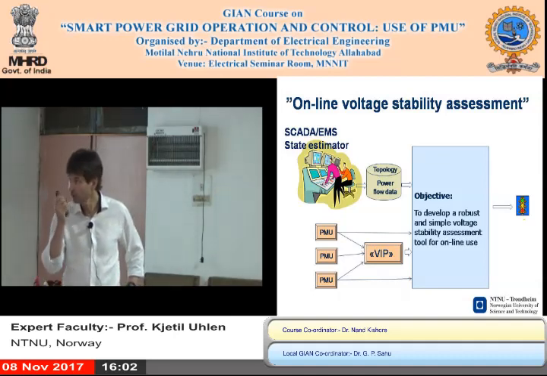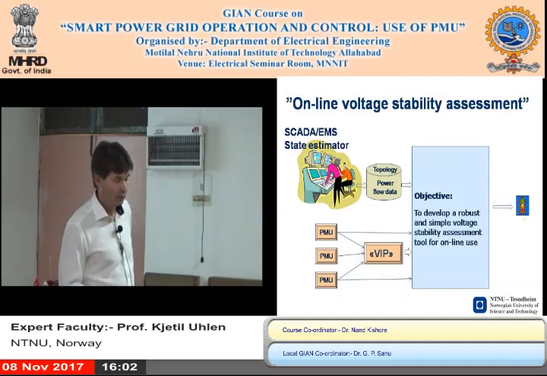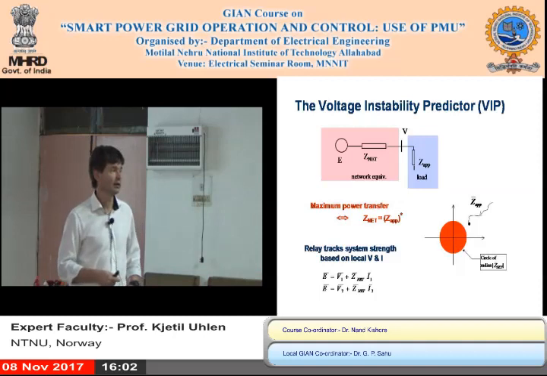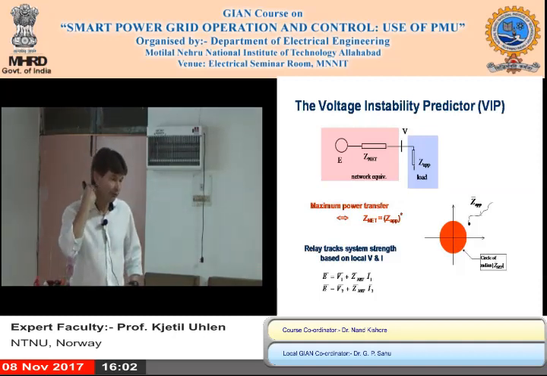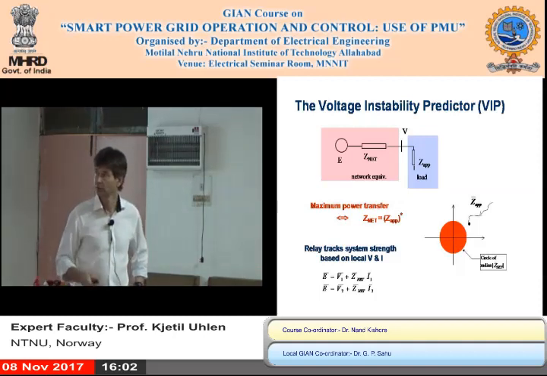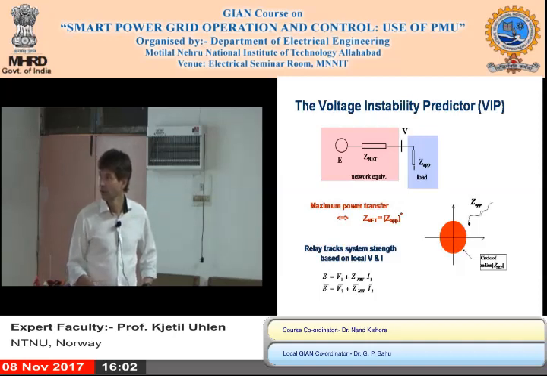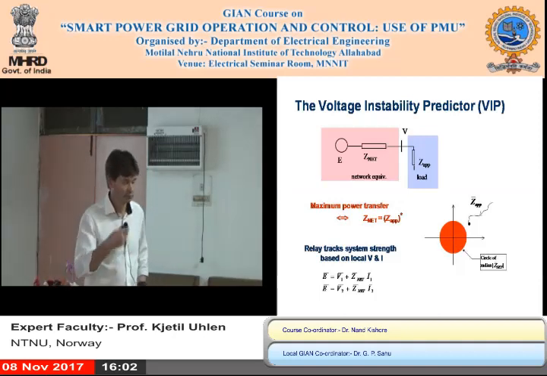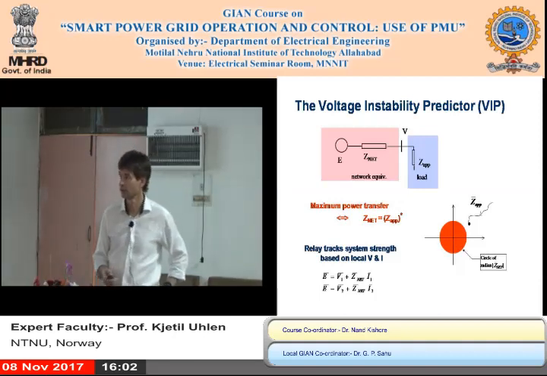And the idea for many of these applications that have been developed, and which you will see in the literature if you do a literature review on online voltage stability assessment, is that on one hand you measure the load by having a PMU that can measure voltage and current, and compute the load admittance or load impedance.